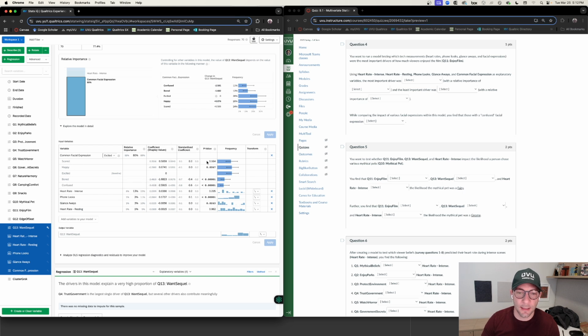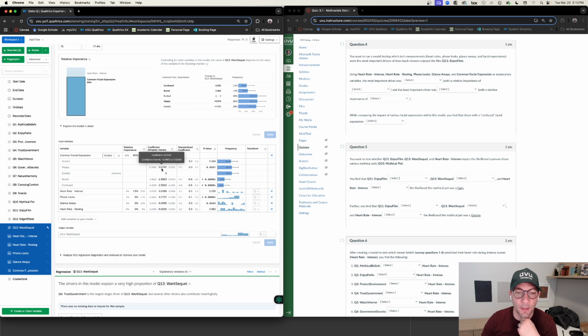So for instance, this p-value here is saying, okay, the difference between those who were scared versus those who were excited is not significant in how much they enjoyed the film, or in my case, want the sequel. So there's no significant difference there for those two. Again, while holding all these constant, it looks like there is for happy.